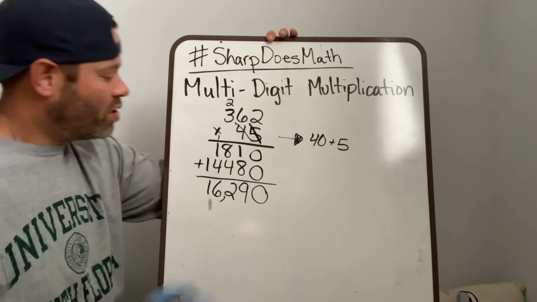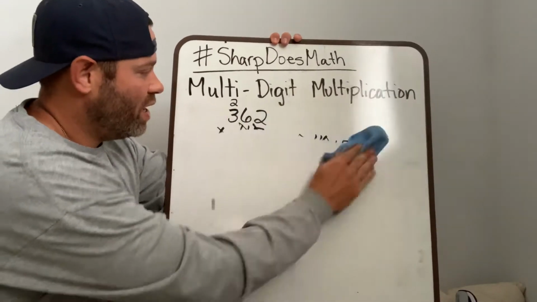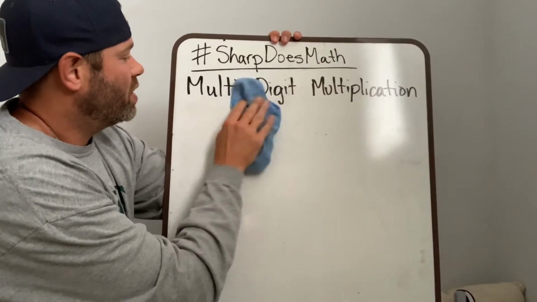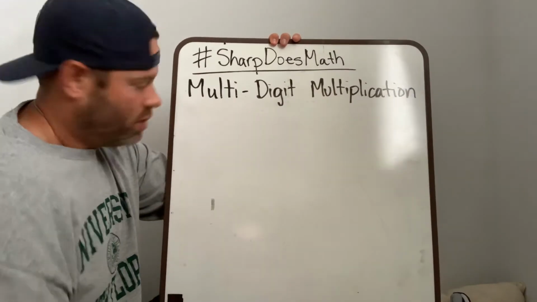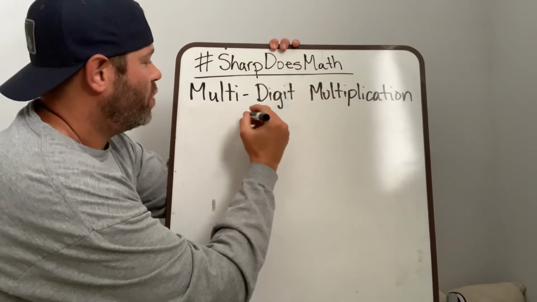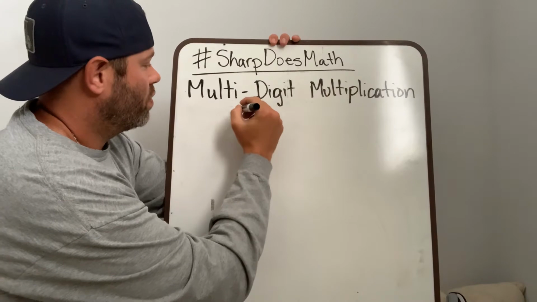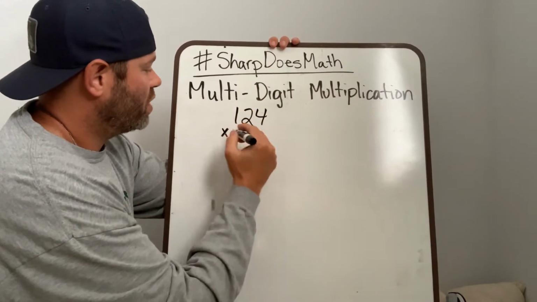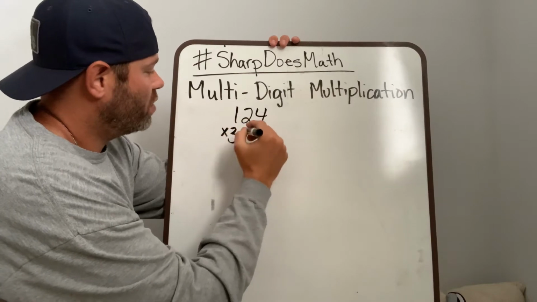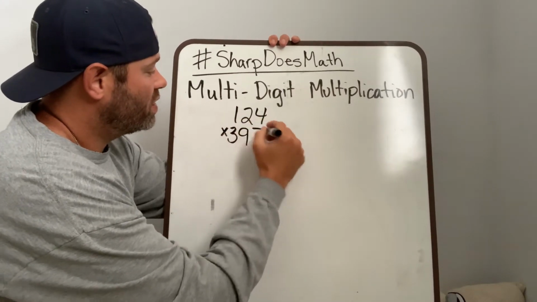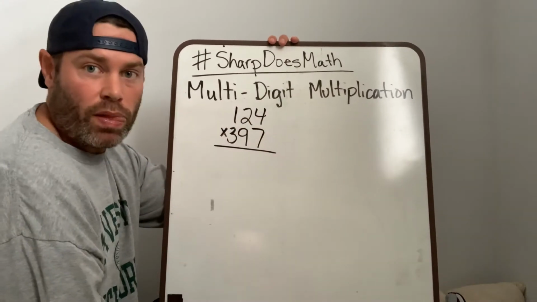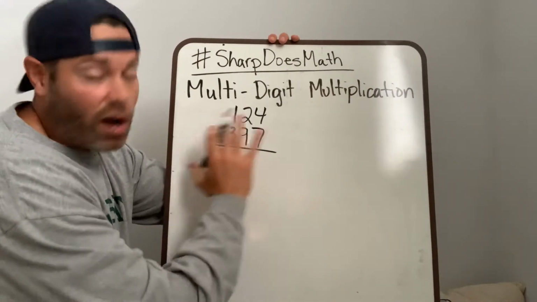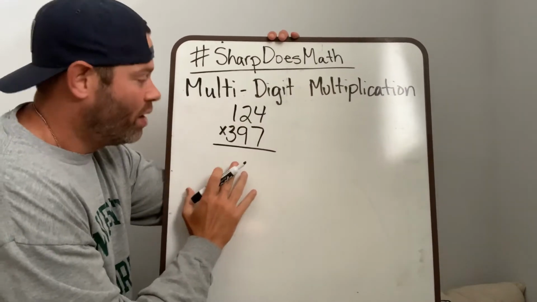Now, let me show you a 3-digit multiplication. So if we had, let's say, 124, and we're going to multiply this by 397. It looks daunting or intimidating, but it's really not.